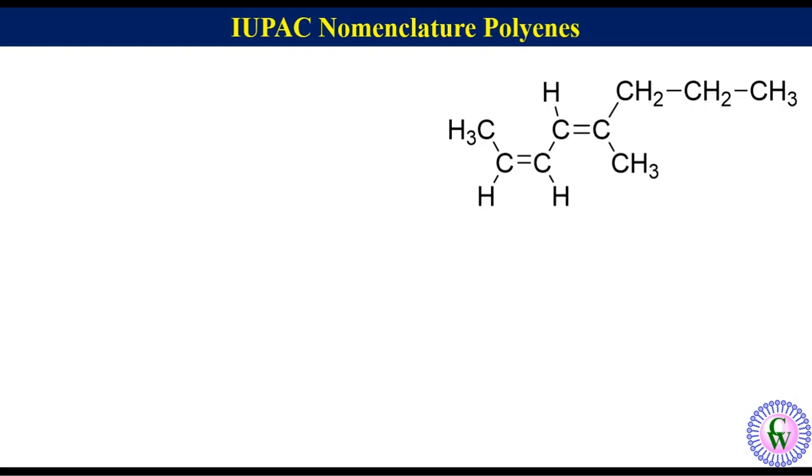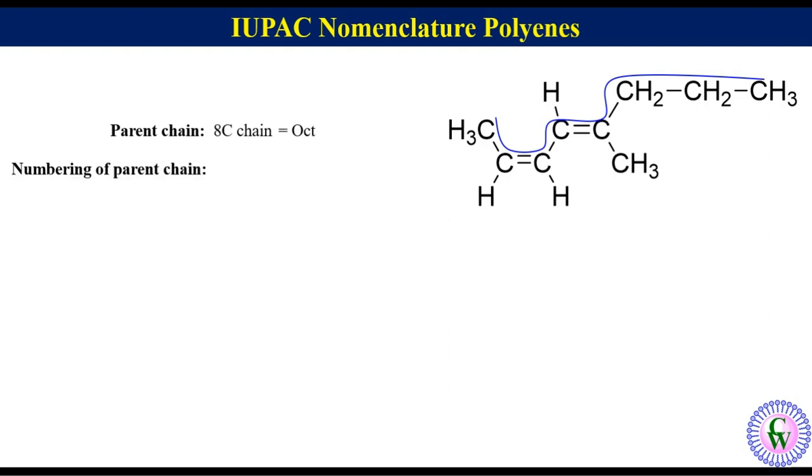Let's have one more example. Parent chain. This is the parent chain having 8 carbon atoms. So it will be called as oct. Numbering of parent chain, it will be done from left to right as 1, 2, 3, 4, 5, 6, 7 and 8.